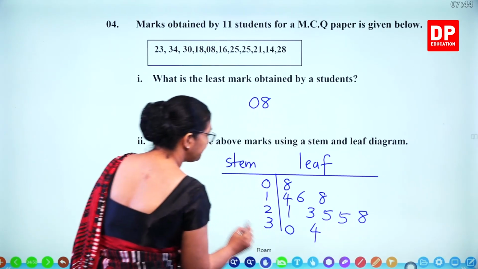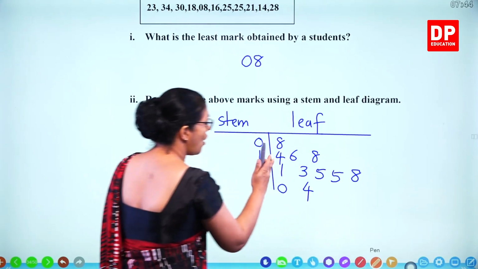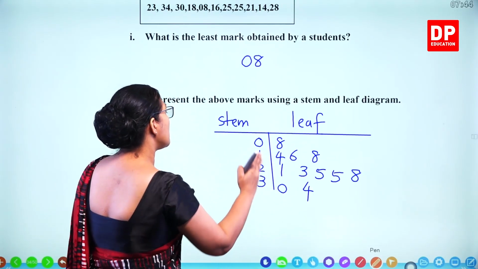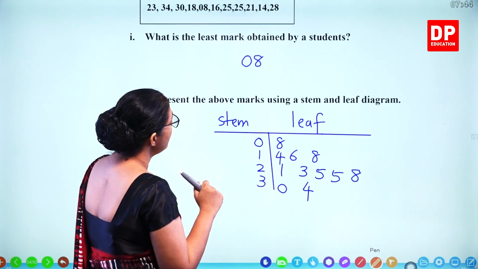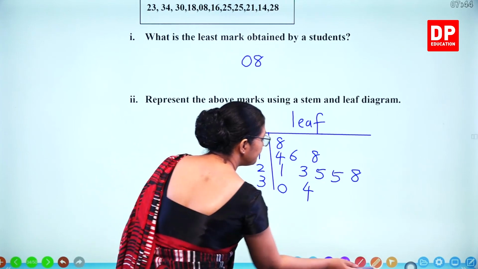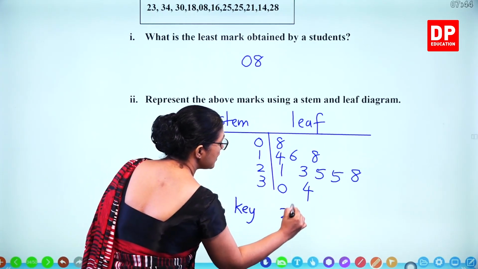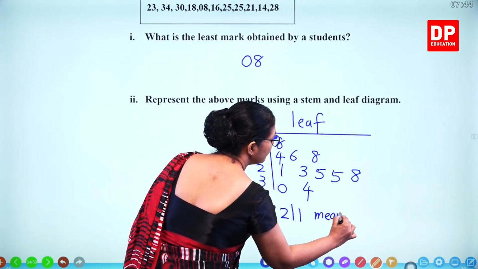Now we can write down the key. Now when you are writing numbers, keep a space so that all the numbers are in order. And what's the key? You can take any value. So I'll take 2 stroke 1 means 21.